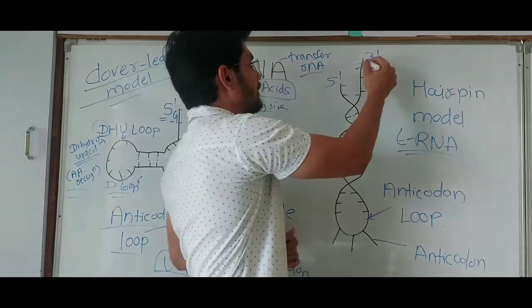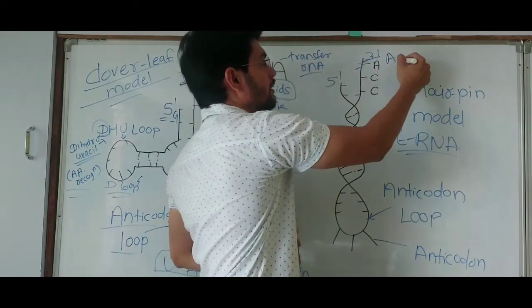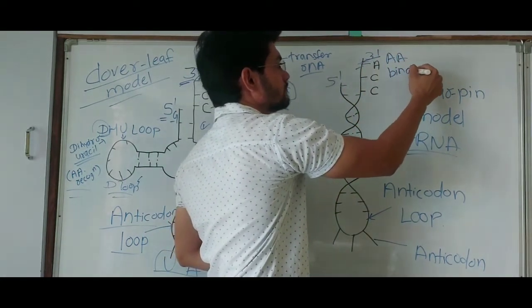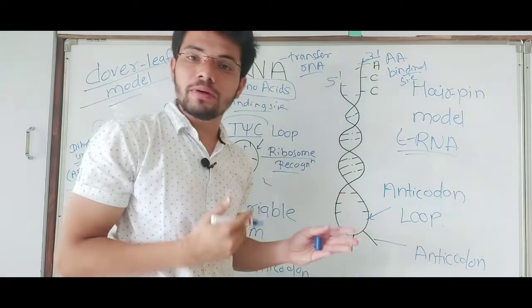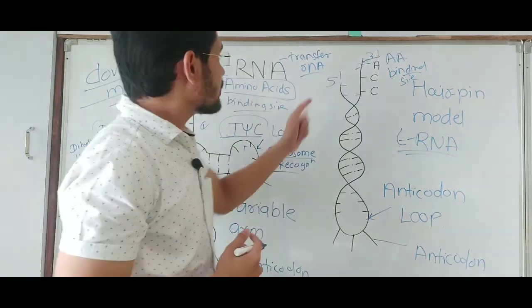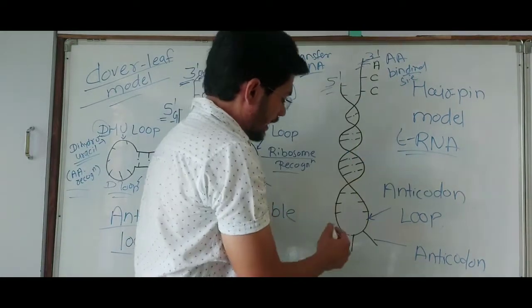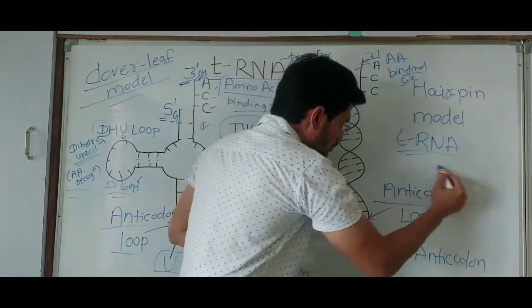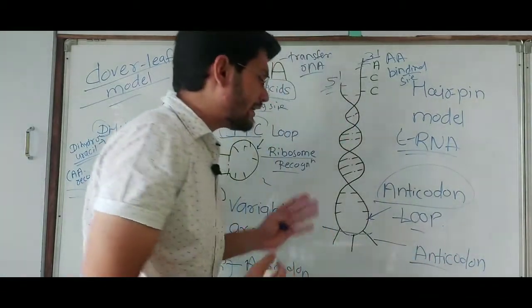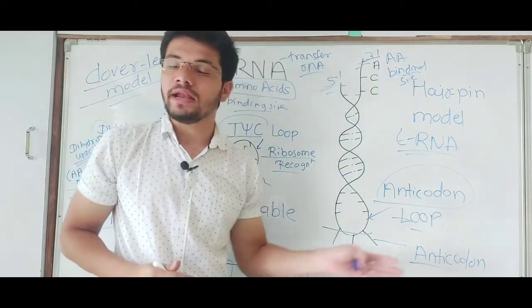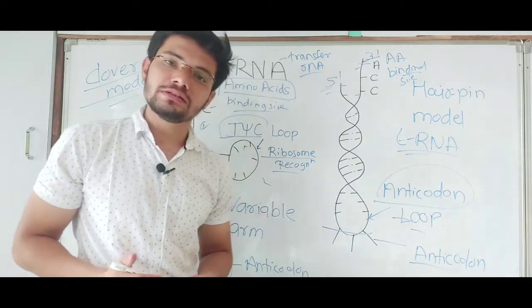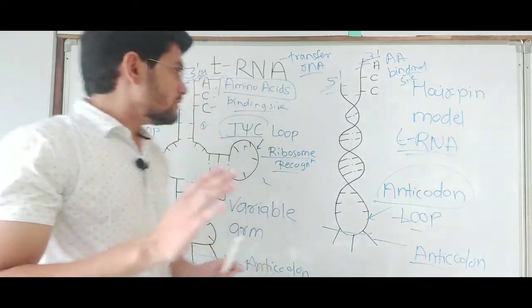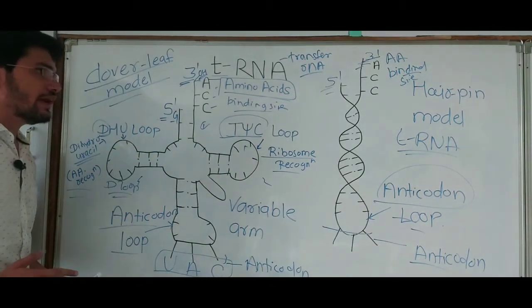It also has a 3 prime end, which is the amino acid binding site, where the amino acid will bind, and one end is the 5 prime end, with the anticodon loop at which the anticodons will be present. Different anticodons will be present in different tRNAs. So this is all about the structure of tRNA.